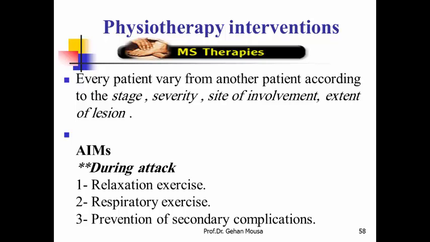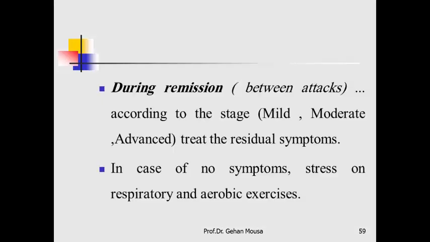For example, during an attack, according to the severity of the case, we can see the MS patient in ICU, so we can follow the ICU program as for any patient in ICU, including prevention of secondary complications through respiratory exercises or a respiratory rehabilitation program, through circulatory programs, and through maintaining normal postures in bed. Relaxation exercises are very important for all stages of the patient.